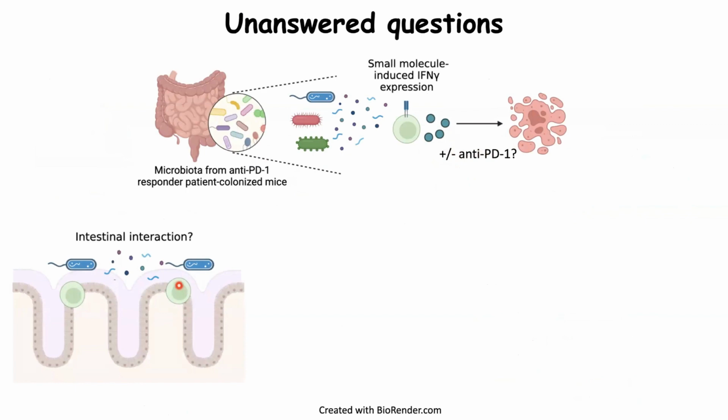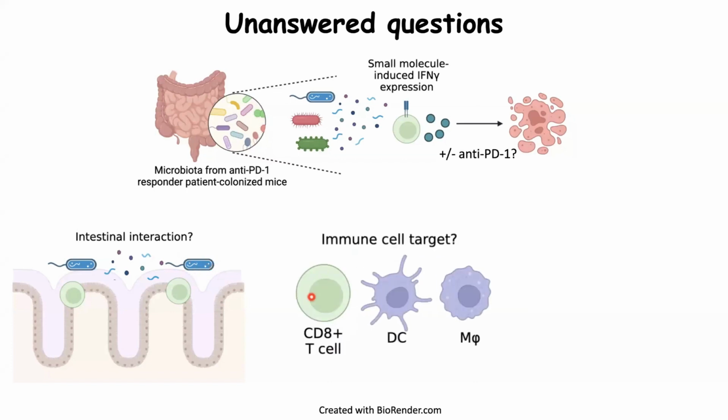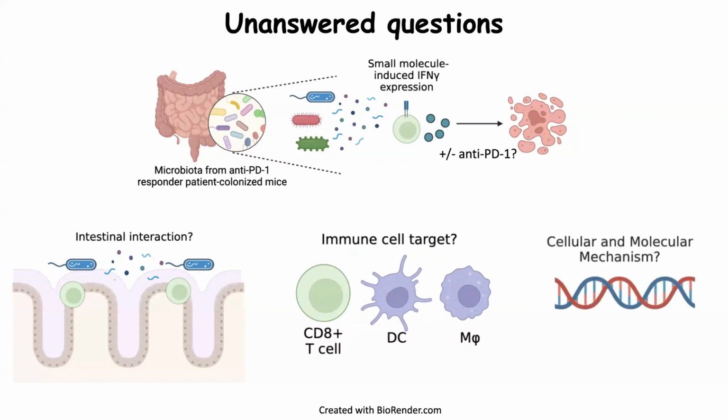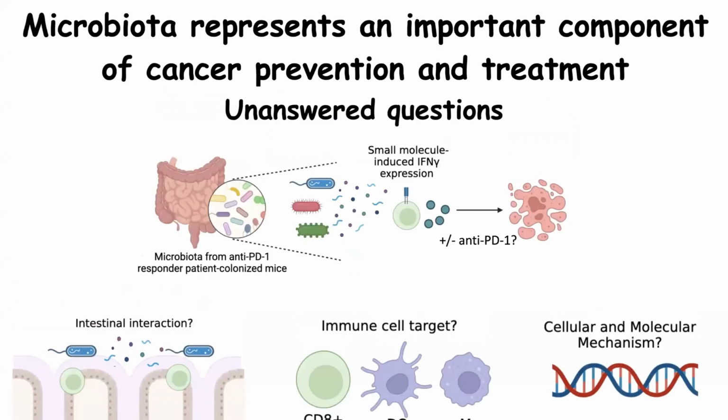Where is this molecule released? Is it in the gut, or does the bacteria go somewhere else to produce the molecule? We don't know. Which cells are the target of the bacteria and the molecule? And what's the molecular mechanism by which this molecule induces interferon gamma? So we don't know the answer to that. So we're working on that.